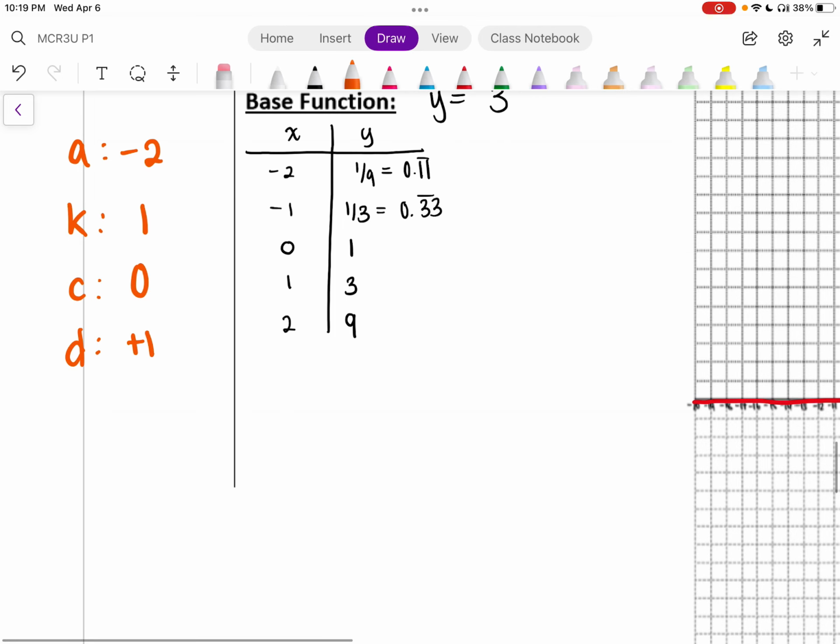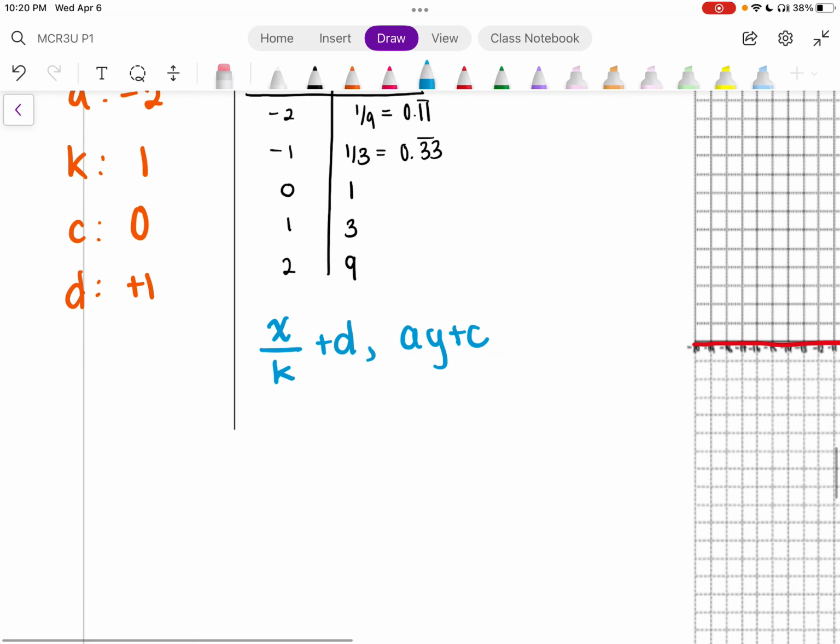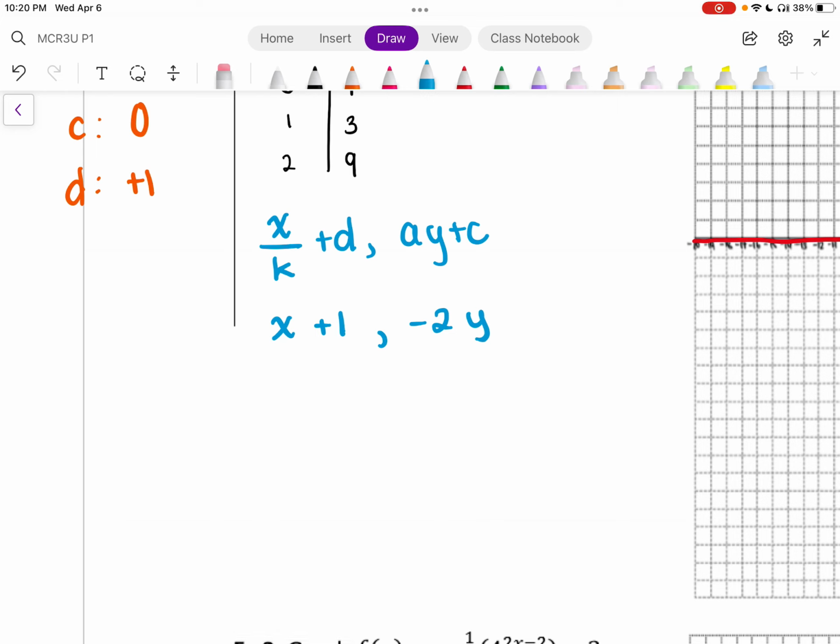So again, I personally like to use mapping rules. So my mapping rule is X divided by K plus D, A Y plus C. So I have X divided by 1, so I'm just going to leave it, plus 1. A is -2 Y, plus C is just 0, so I'm not going to do that because it's just going to stay the same.